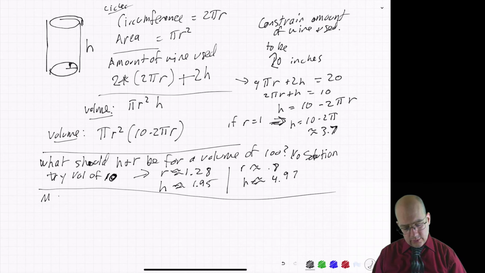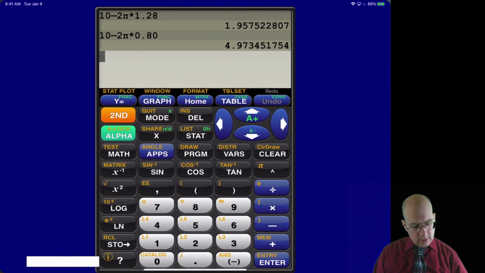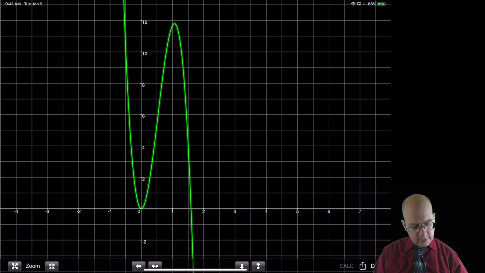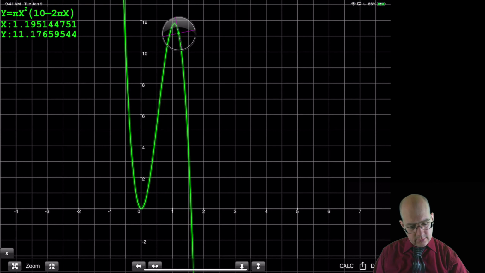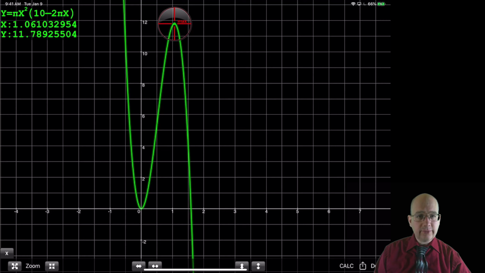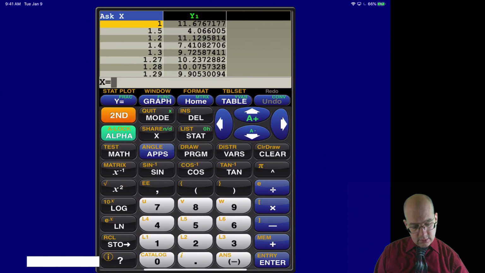And if we wanted to maximize the volume, then that's what this little graph gives us, right? And you can also fumble around with guess and check, just trying to get larger and larger, right? So everything is stable.